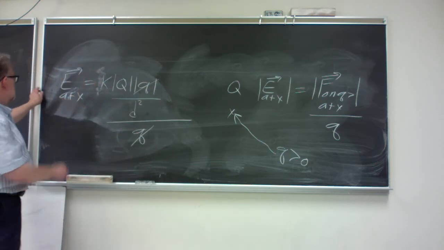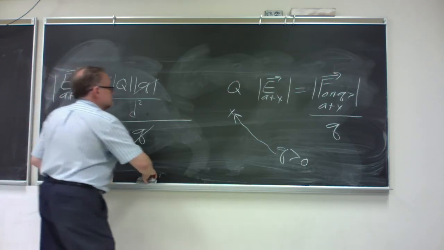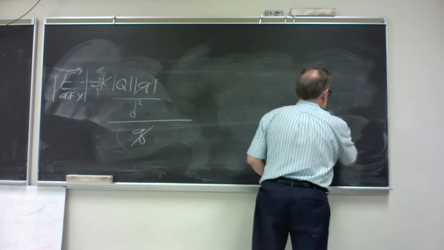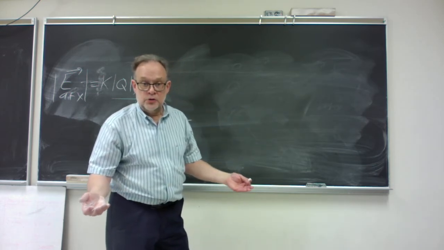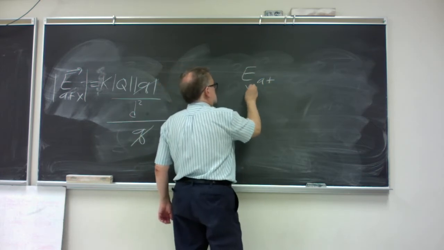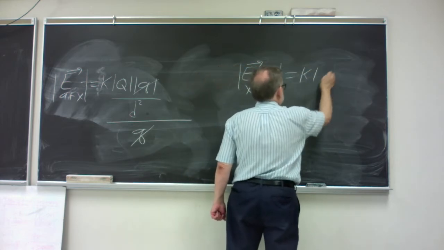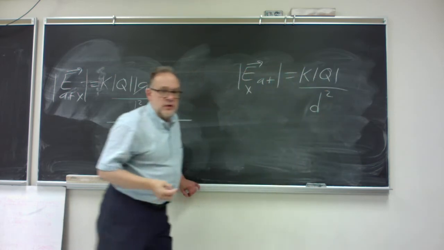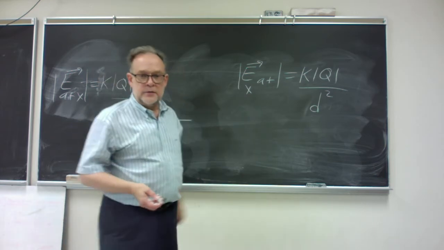And all we're left with for the magnitude of the electric field at point X, which is a distance d away from the source charge, is just K times the magnitude of the source charge divided by the square of the distance from the source charge to point X.